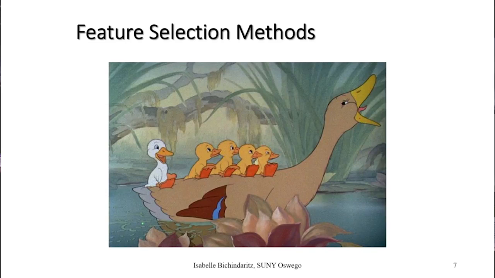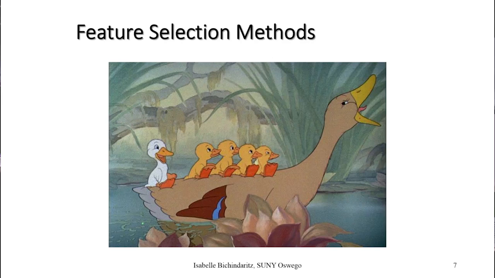So this is an example that illustrates why it's important to do feature selection and how feature selection can be considered as a data preprocessing step, because the goal will be, for example, here to classify a duckling or a little bird, to know whether it's a little duck or a little swan or another kind of animal.